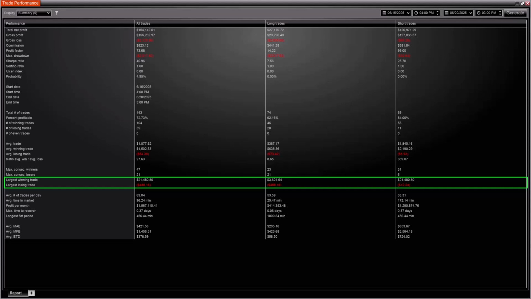But remember, triangulation will sometimes use multiple entries per trade idea, and this is likely just one piece of a bigger profitable sequence. This means that our actual largest winning trade was much higher. On the flip side, that $488 loss, that wasn't the strategy failing.